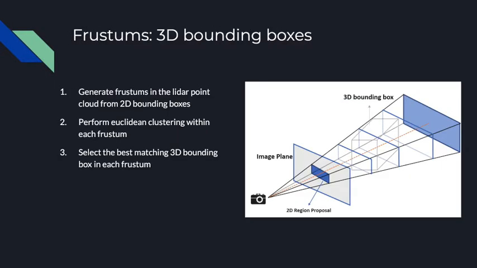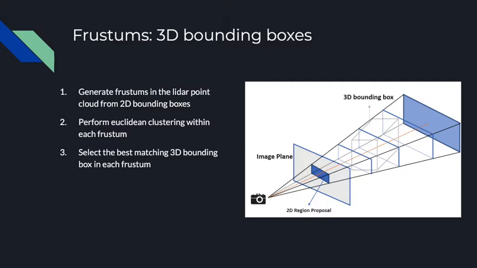Okay. So now that we have the 2D bounding boxes, we want to get the 3D location of each object. For that we use frustums. The idea of frustums is that in 3D space, when you look at it from the camera's perspective, you get basically a 3D cone-like shape that projects onto that section of the image plane.